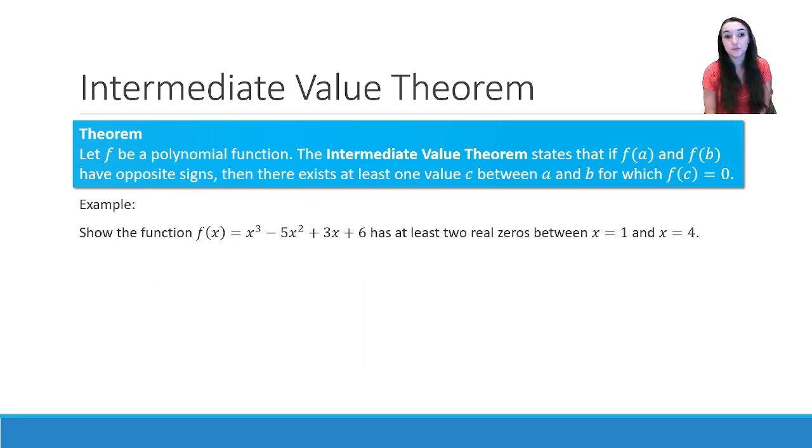All right, so let's look at an example. We're going to show the function f of x equals x cubed minus 5x squared plus 3x plus 6 has at least two real zeros between x equals 1 and x equals 4. To do this, we're just going to start by testing some integer values. I can plug in x equals 1 and x equals 4, but I can also plug in a few other values.